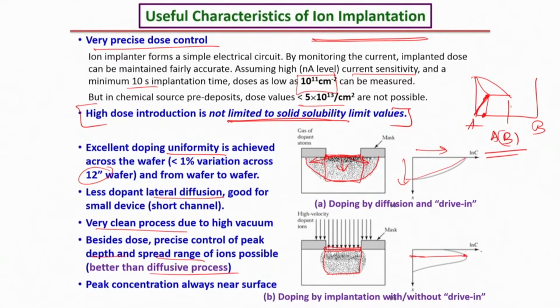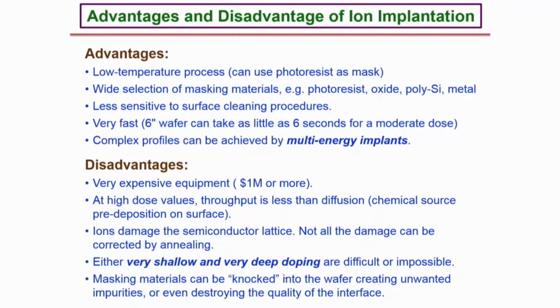Ideally, one would have liked to have an exponentially decaying profile like this, but because of the ballistic nature of the process, the concentration is somewhat Gaussian, somewhat like this, what we are seeing here. Hence, even though the peak is not coinciding with the surface, it is not way below the surface. So it's very near to the surface, and that's also an advantage.